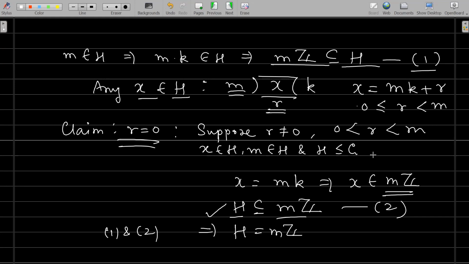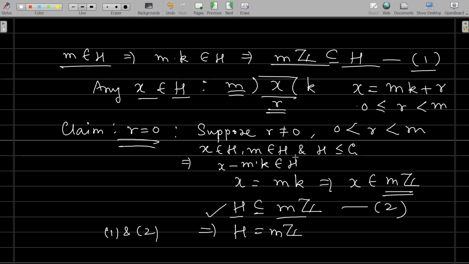And just see, because X belongs to H, because M belongs to H, and H is a subgroup. Do you see, their addition, subtraction will again belong to H. Inverse, everything will belong to H. It's a subgroup. So X minus M K times will again belong to H. X is from H, M is from H, so X minus M will belong to H, X minus 2M will belong to H, X minus any MK will belong to H because it is a subgroup.